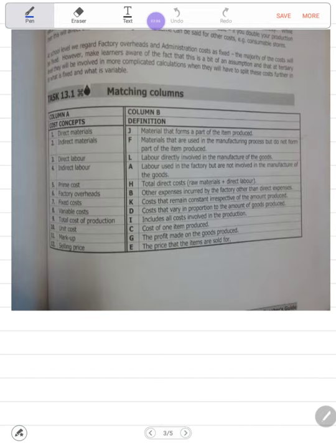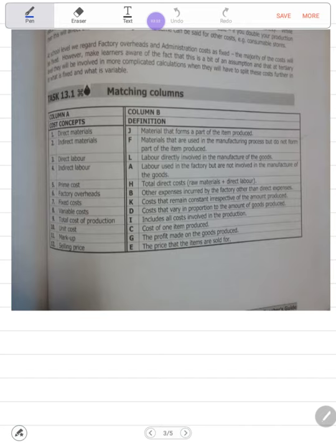Indirect labor is labor used in the factory but not involved in the manufacture of the goods. Prime cost is the sum of your raw materials and your direct labor. Your factory overheads are all the expenses incurred by the factory.